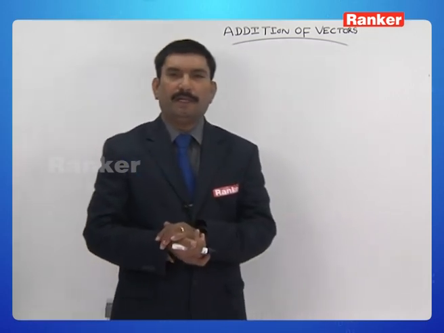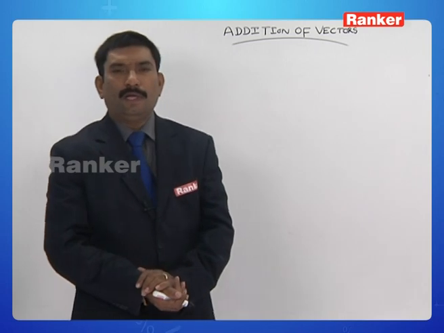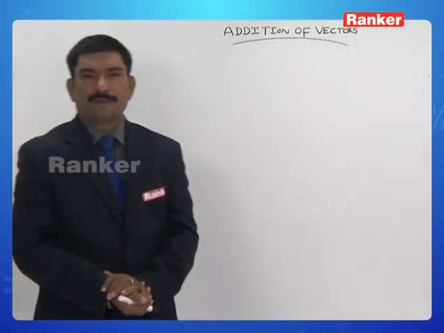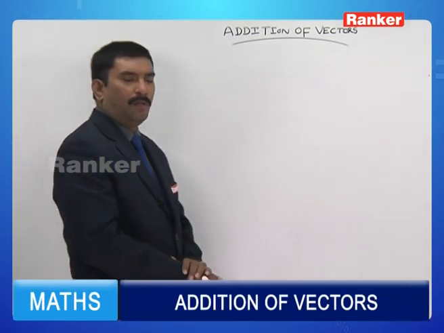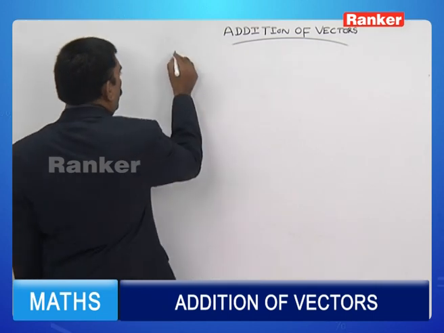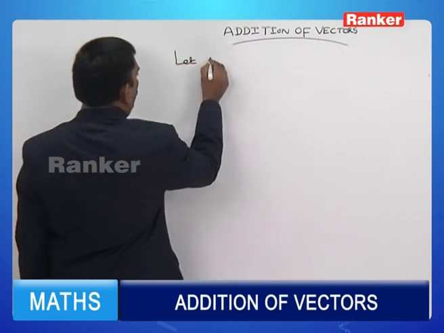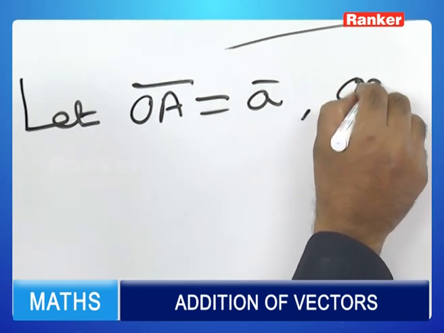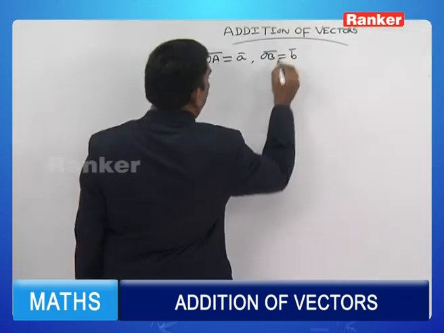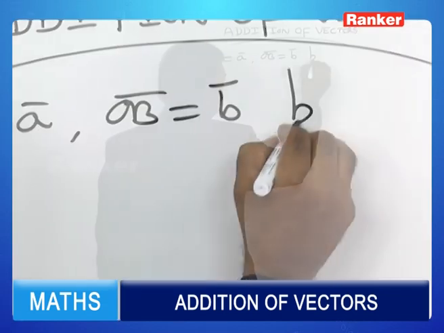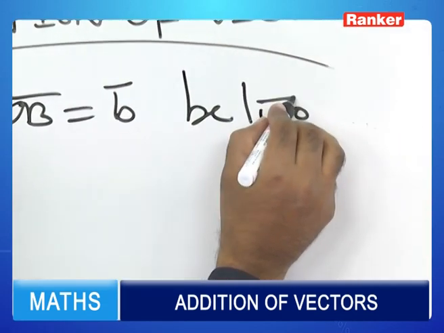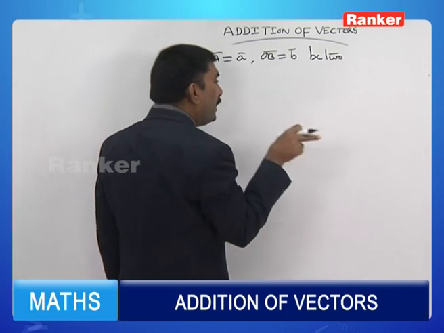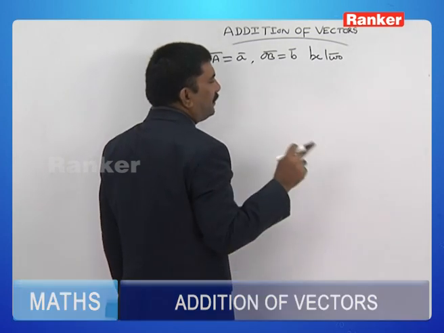Now, let us define the angle between two vectors. Look here. OA bar is equal to A bar, and OB bar is equal to B bar. They are two vectors. Here we have defined OA and OB as vectors, not as position vectors.